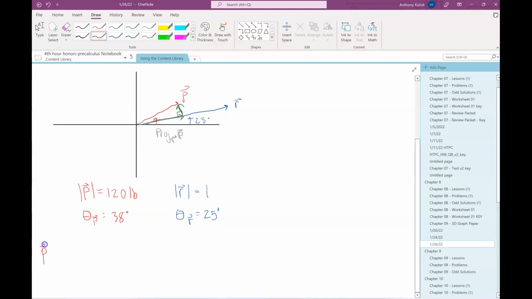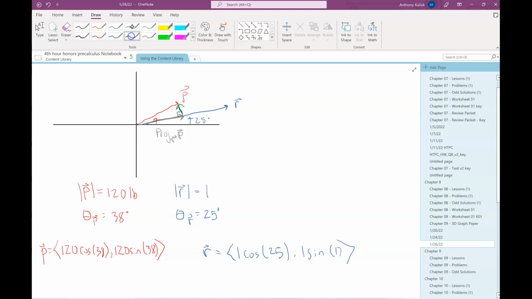First step is going to be to resolve my vectors P and R into component form. So again, that's just magnitude times cosine of direction, and then magnitude times sine of direction. Cool with that? Oh my goodness, that should be a 25. Cool with that, Mackenzie? Okay.